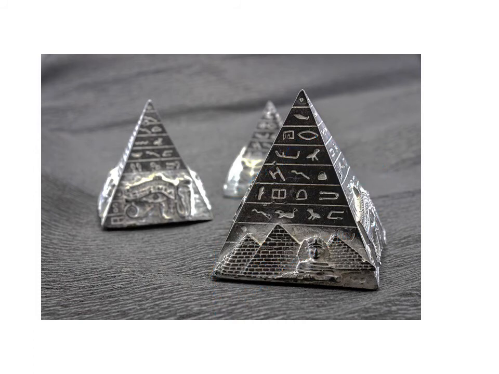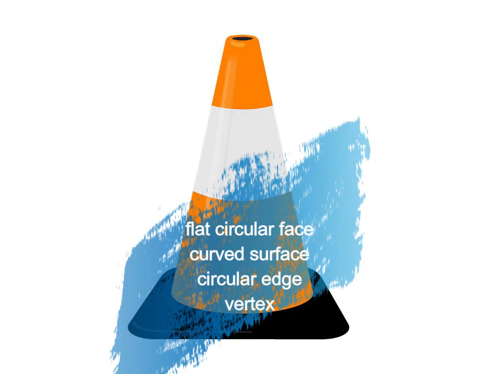There are 4 vertices around the square base plus 1 more on the tip of the pyramid. A cone contains 1 flat circular face, 1 curved surface, 1 circular edge and 1 vertex. The vertex is formed from the curved surface and it is directly above the center of the circular base.